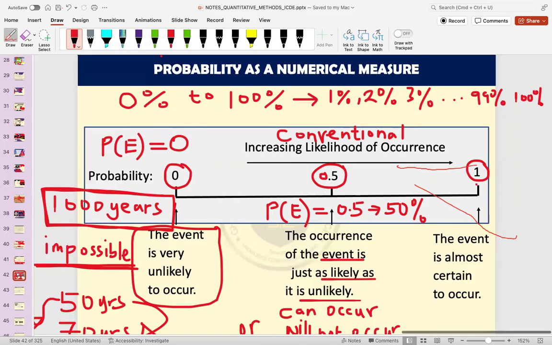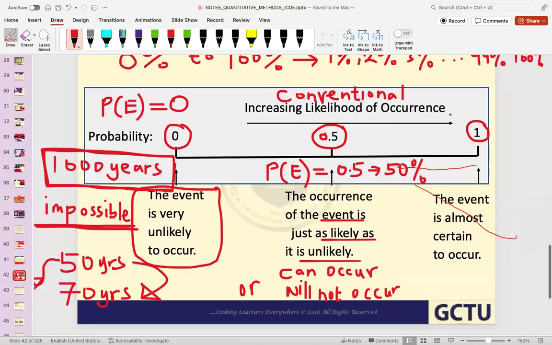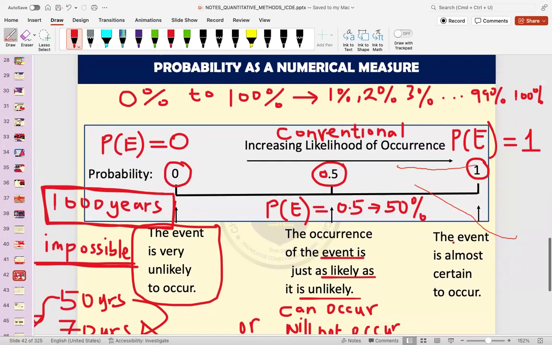Then the last conventional measurement, when they say the probability of your event is exactly the number 1. Okay. This one means that surely the event will occur. It's certain.